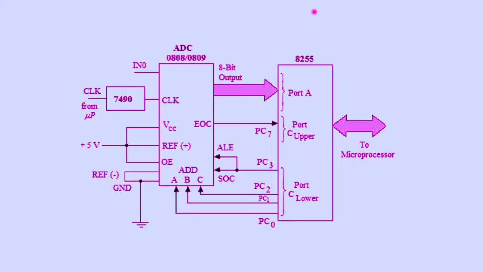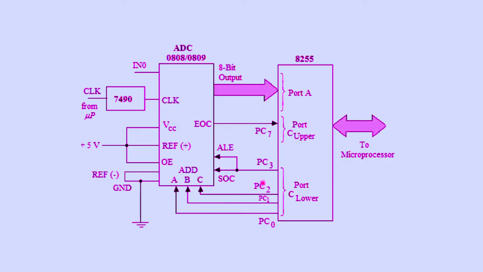So this is the schematic diagram of how they are connected. The 8-bit digital output shall be given to port A. The end of conversion signal will be given to PC7 of 8255, and PC3 will give the address latch enable as well as the start of conversion signal to the A to D converter.